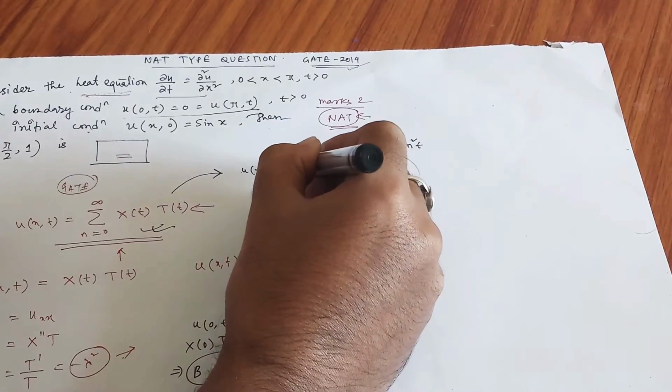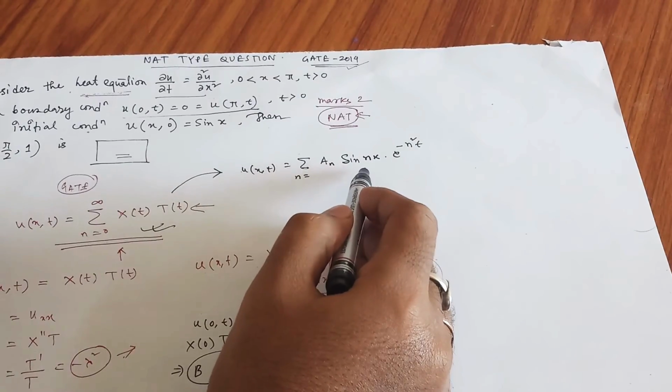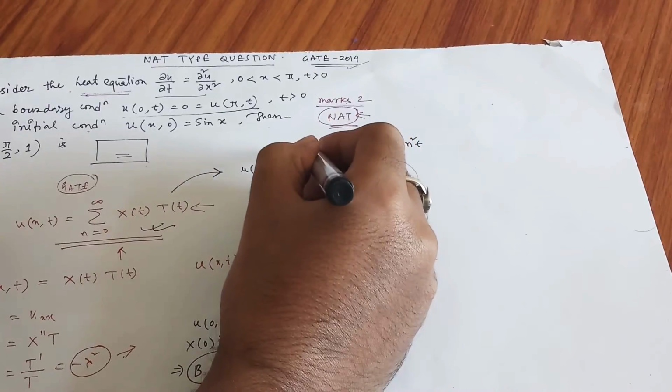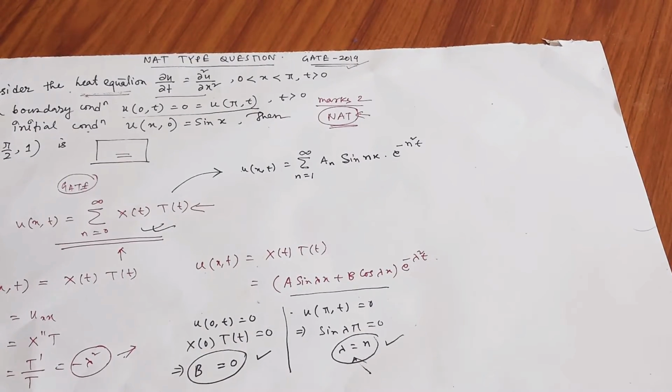For n equals 0, you will get sin 0, so no importance is there. So n equals 1 to infinity, that will be your ultimate u(x,t).